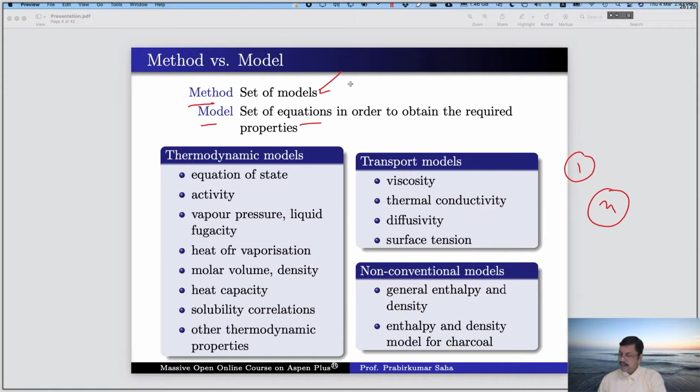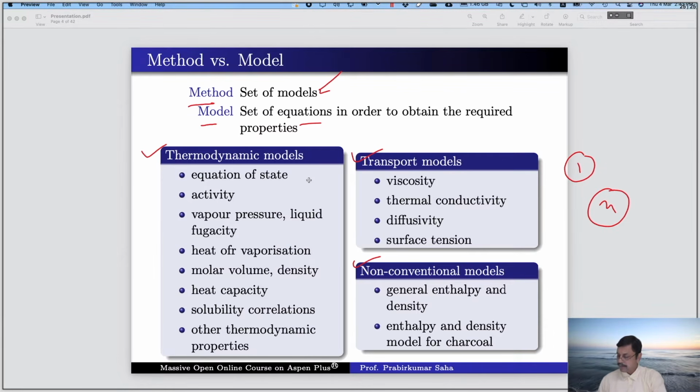Among the set of models, we have 3 types: thermodynamic models, transport models, and non-conventional models. As we have already discussed, a model is basically a set of mathematical equations.